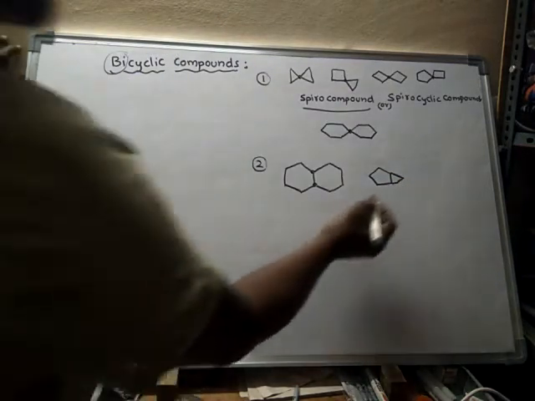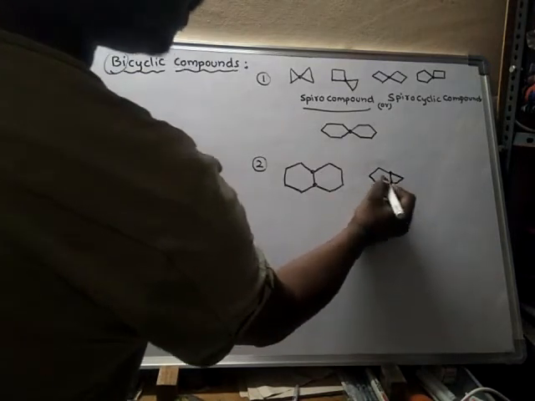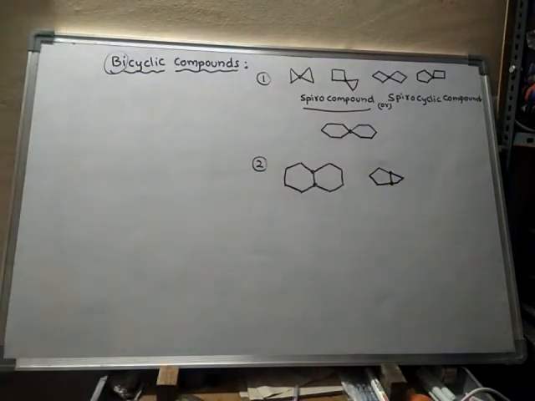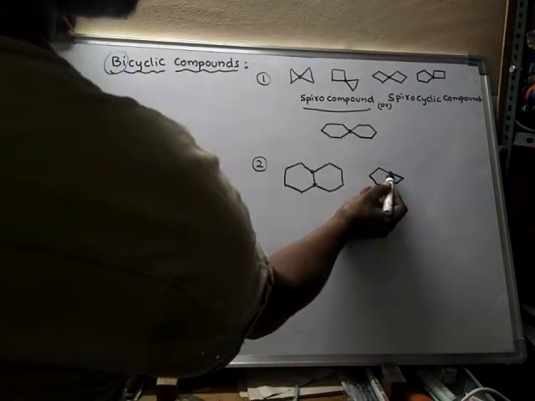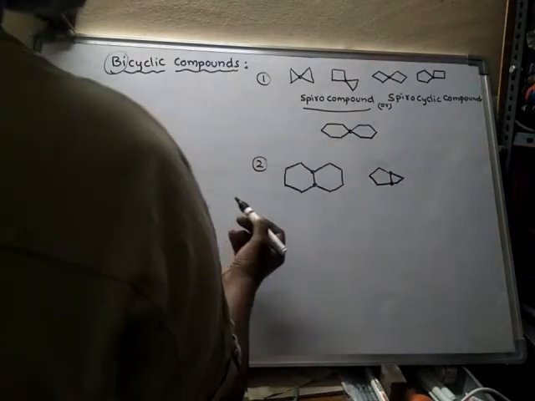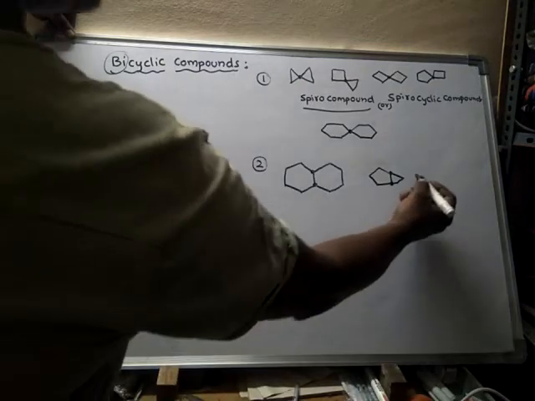What is this one? Again here also there are two rings, bicyclic compounds, and these two rings share two carbon atoms, like this.